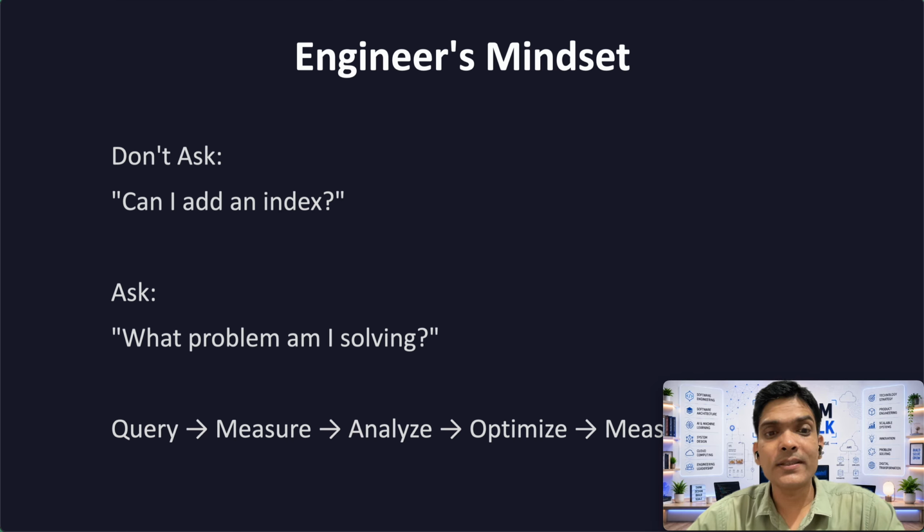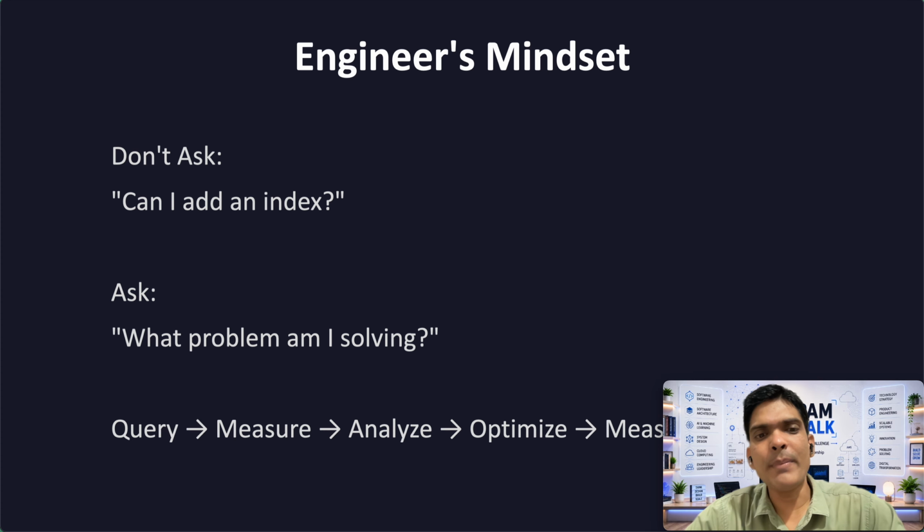And this brings us to an important engineering lesson. We should not add an index simply because we think it might make things faster. We should first understand the problem: which query is slow, how much data it is processing, what the database execution plan is.